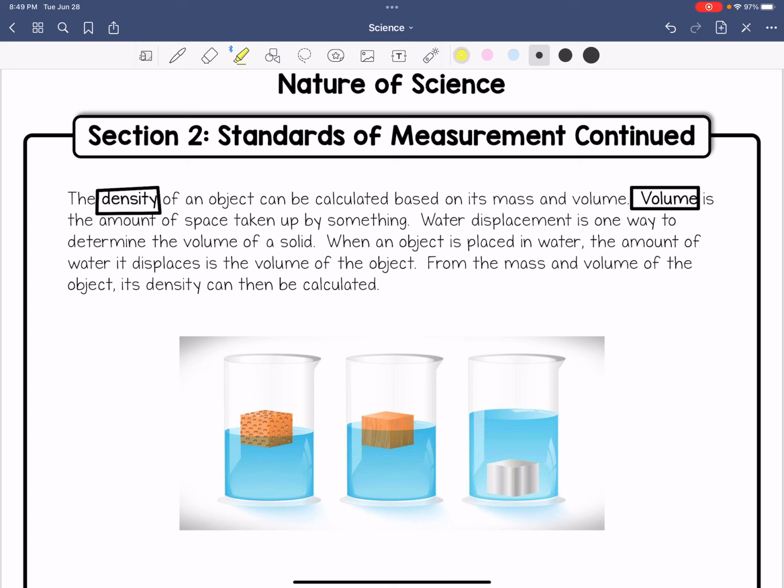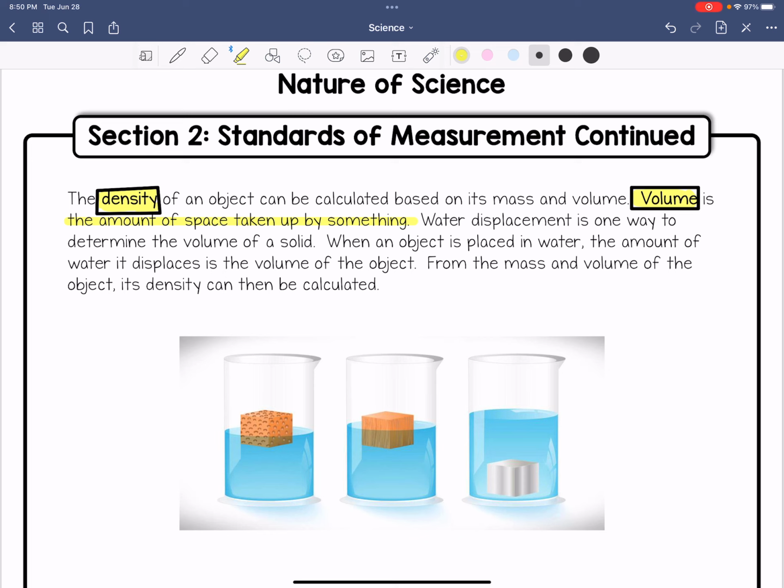It tells me how to calculate density, but it doesn't really give me the definition of density. When we do our flashcards, I will give you a definition of density. Volume is, so here comes the definition, the amount of space taken up by something.